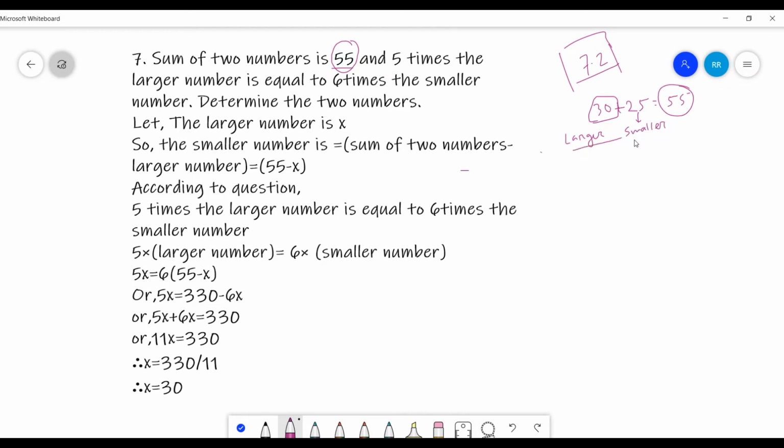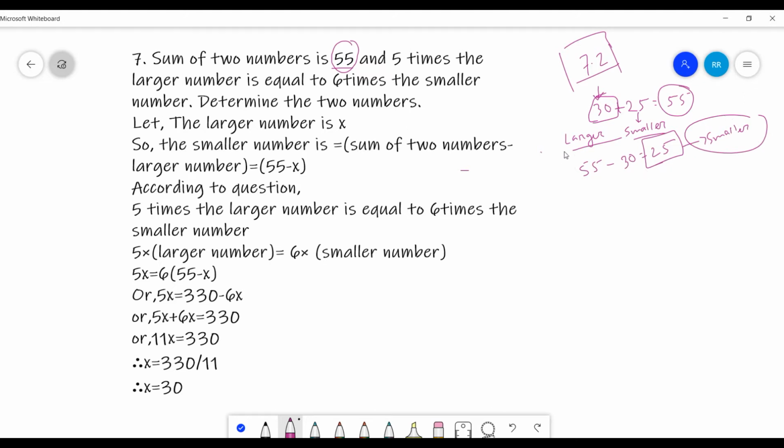So what will happen next? If we find the larger number 30, how can we find the smaller number? This is now so easy. You have to find the difference: 55 minus 30, which is 25. That means this one is the smaller number.